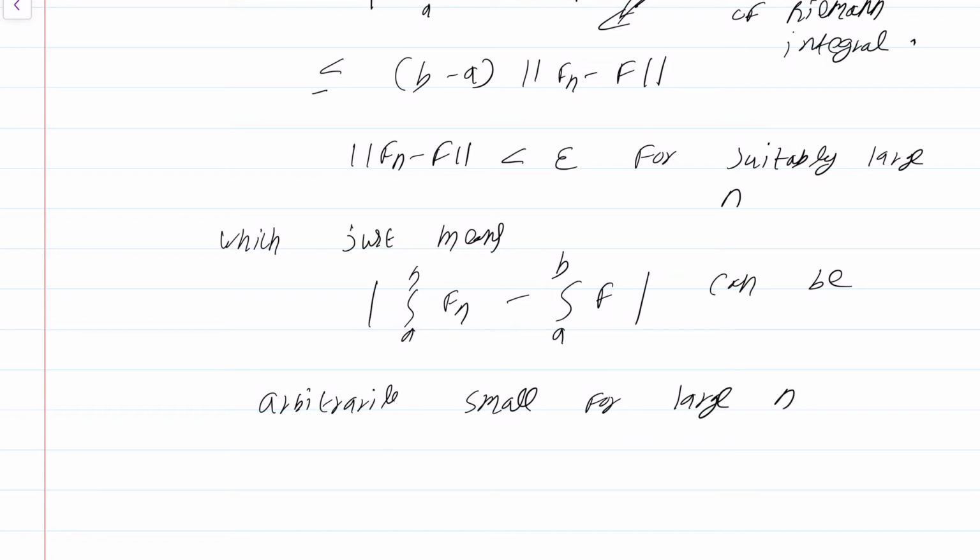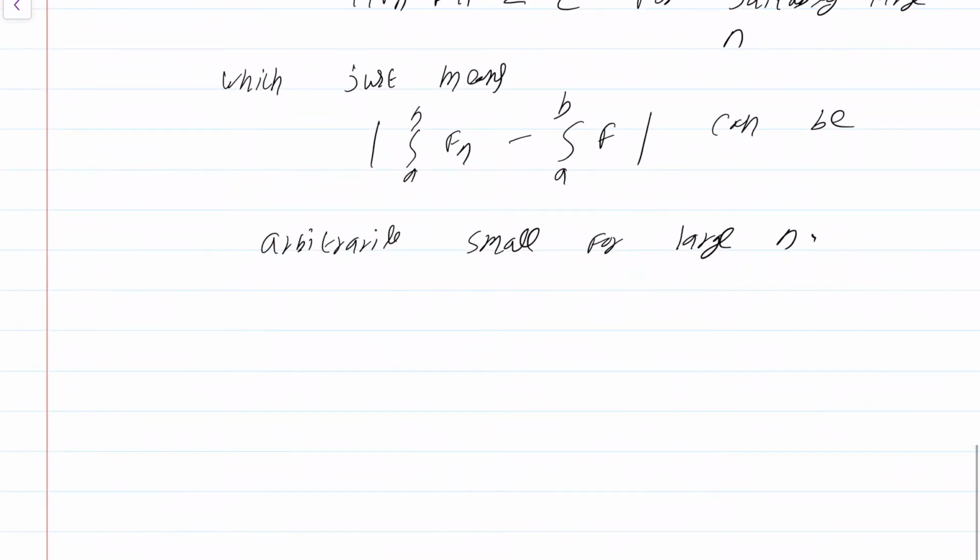That's it. The proof is done. It's an utterly straightforward theorem, and it shows that integrals behave very, very nicely with respect to uniform convergence. Okay, now onwards to differentiation.